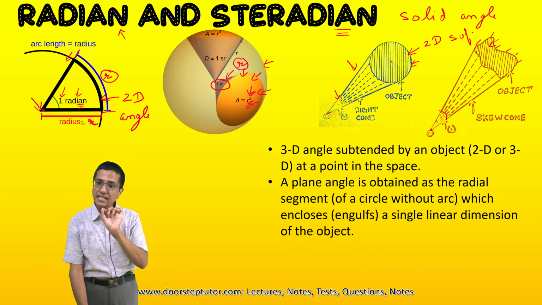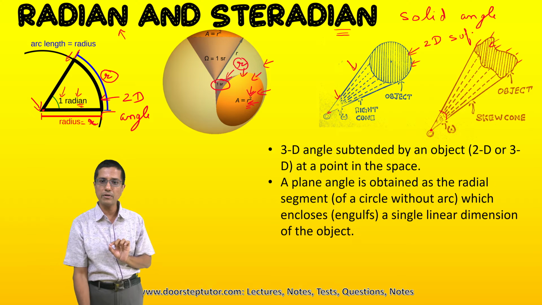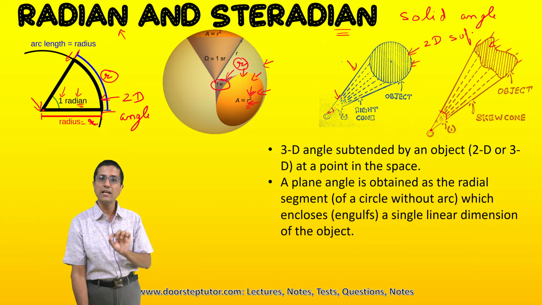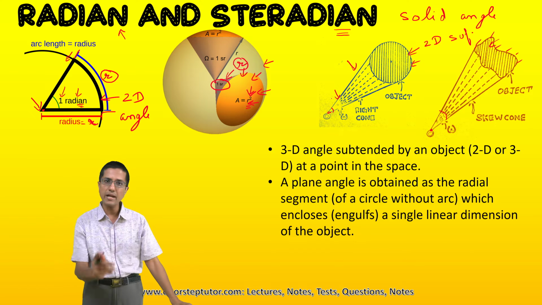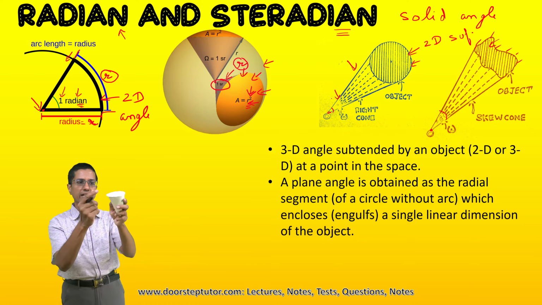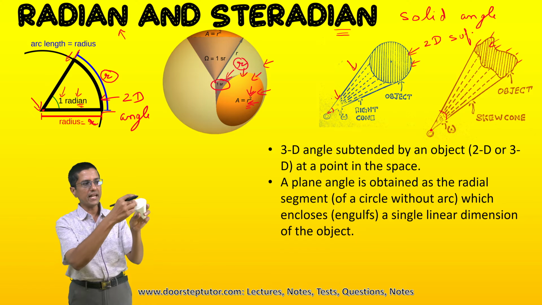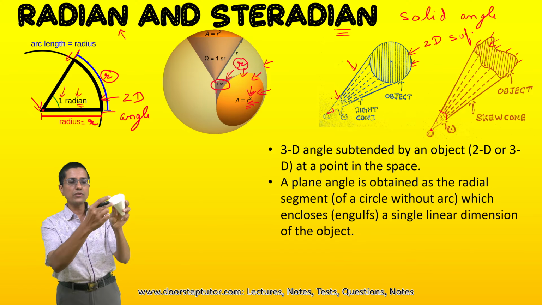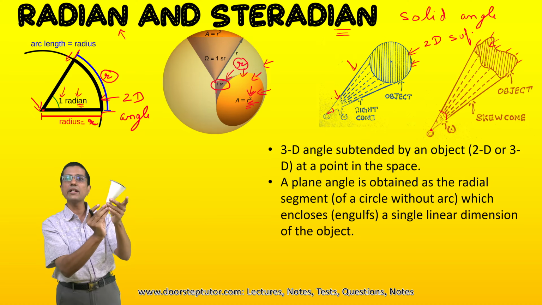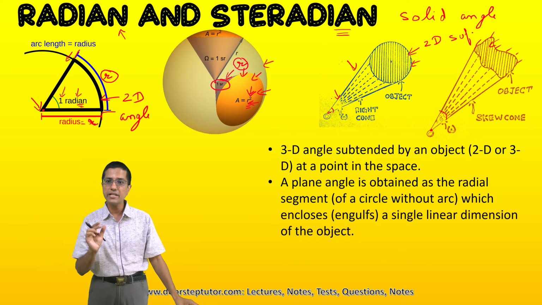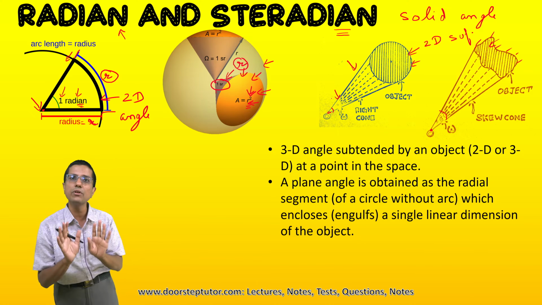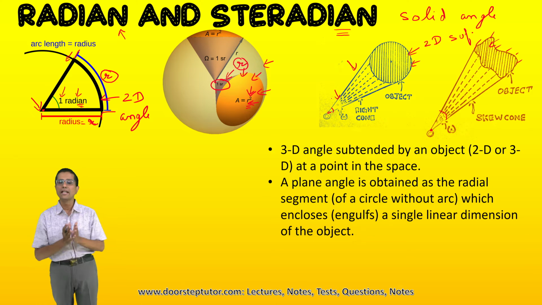But I need at least two dimensions to go backwards and form a solid angle. A solid angle can never be formed by a point object. If there was a point here, then I cannot really convert it back. Or if there was a line here, then that line cannot converge and form a solid angle going backwards. So that is the minimum requirement: solid angles can only be formed by 2D or 3D objects.